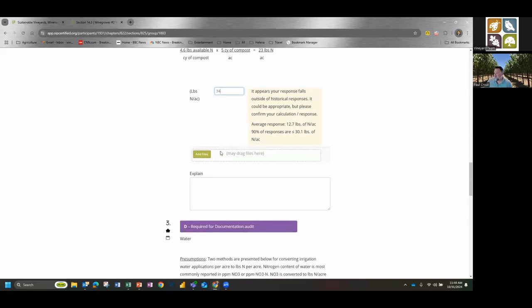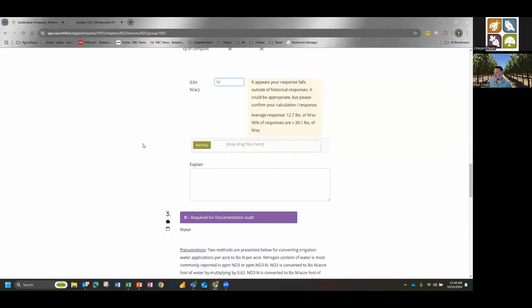And so then you'll drag your documentation here, and that would be like the copy of the lab report for the compost, as well as load tickets or delivery tickets that highlight how many tons or cubic yards of compost you've applied per acre.